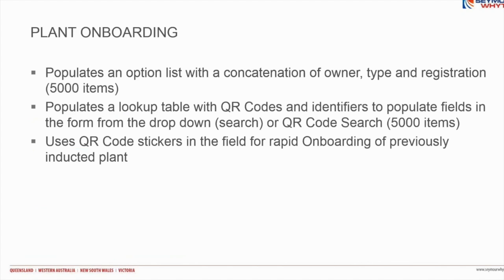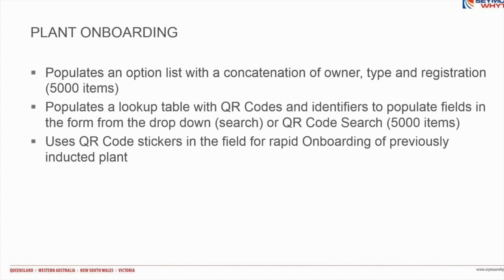Later in the year, we did a plant onboarding process. This was our first experience with using lookup tables populated from our SQL database. We had something like 5,000 pieces of plant, and we populate a lookup table, which is a concatenation of owner, plant type, and registration number, using the dynamic search in iForm that makes it very easy to look up a method of finding plant items that haven't previously been stickered.